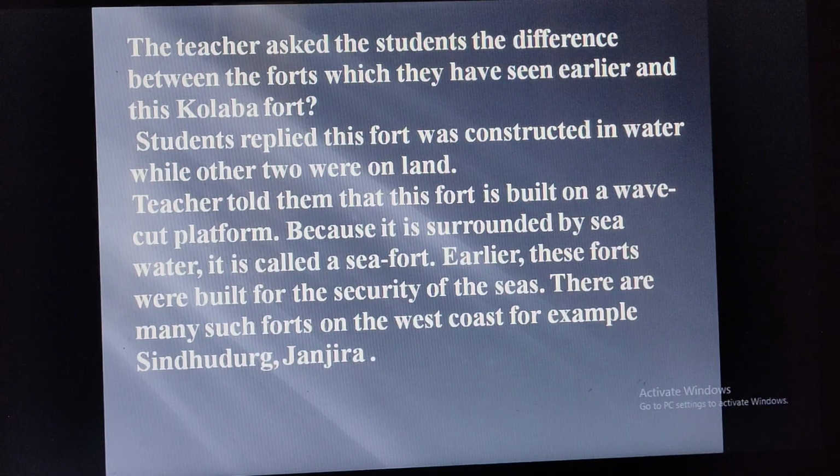The teacher told them that this fort is built on a wave cut platform. Because it is surrounded by sea water, it is called a sea fort. The teacher then told them that earlier these types of forts were built for the security of the sea, and we have seen many such forts on the west coast. For example, Sindhudurg Fort and Janjira Fort.